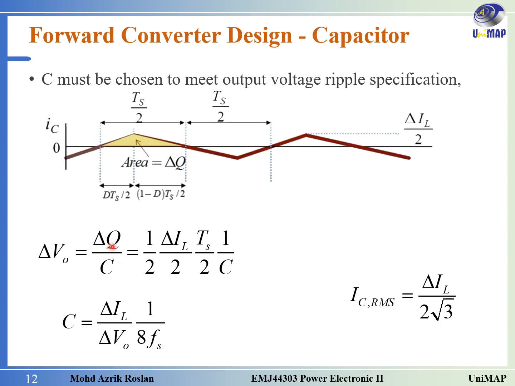The delta Q equation is half multiplied by delta IL divided by 2. The delta IL divided by 2 is the peak value here, and then we have Ts over 2, the duration from this to this. So overall you will get the capacitance equation: C = delta IL divided by delta V out divided by 8Fs.